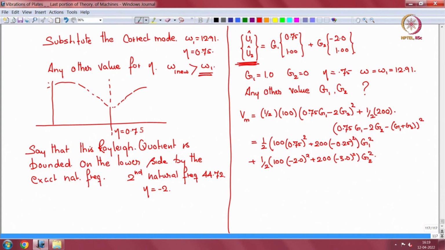Okay, that's what we get for Vm. Then for Tm, the kinetic energy function, what do we get? Oh no, I'm sorry, the total kinetic energy, what do we get?